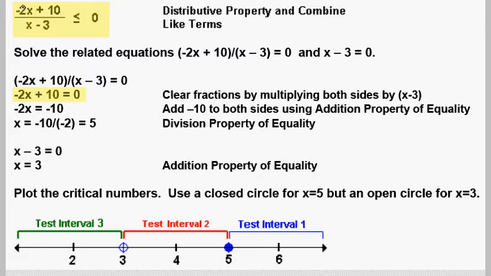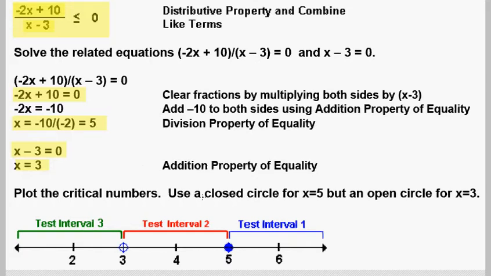In this case, letting -2x + 10 = 0 gives us one critical number, and that number will be x = 5, because -2 times 5 plus 10 equals 0. Also, in a rational inequality, a critical number will occur where the denominator equals 0. And here, x - 3 = 0 when x = 3. So there's our second critical number. So we have two critical numbers, 5 and 3.